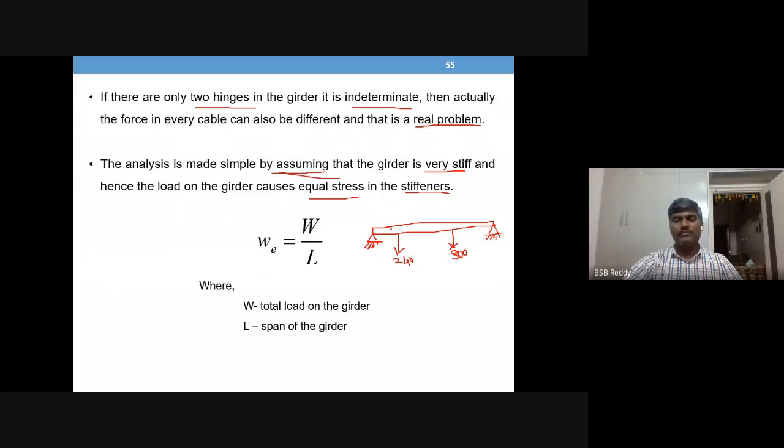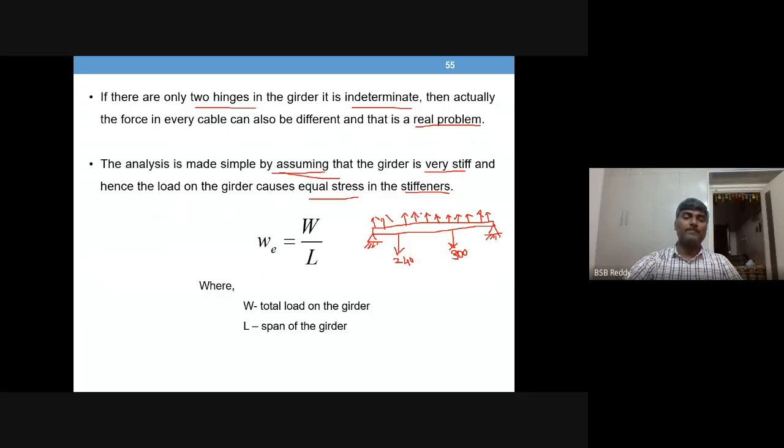Now, to find Q naught, you don't have sufficient equations to solve for it.